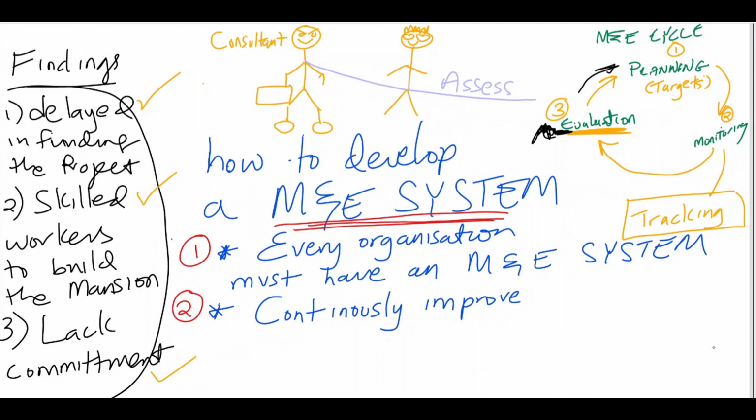The continuous improvement takes place when somebody tells you where you've gone wrong, and then you work on those weaknesses and improve. So that is what the M&E system is about. It's about continuous improvement. And that's why I say every organization needs an M&E system. Every organization, it doesn't limit itself just to an NGO or a project, even businesses.